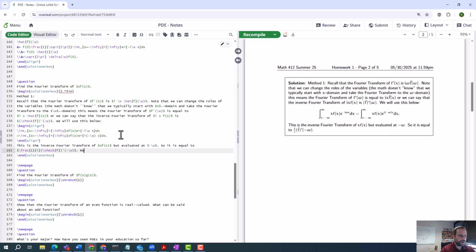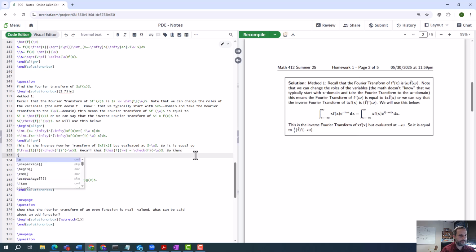Recall that f hat of omega is equal to f check of minus omega. That was one of the things we saw in class. It's basically just this formula here, and that's where the idea comes from. So recall that the Fourier transform at omega is equal to the inverse Fourier transform of f at minus omega.